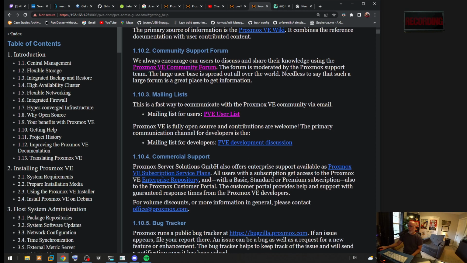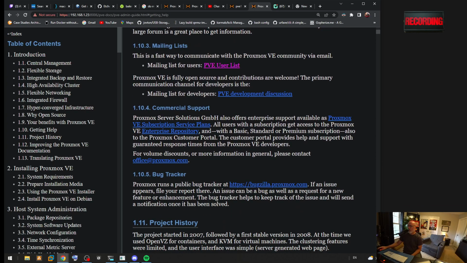Commercial support. Proxmox Server Solutions GmbH. That means they're German, right? Doesn't this mean they're German? GmbH? Also offers enterprise support available as Proxmox VE subscription service plans. All users with a subscription get access to the Proxmox VE Enterprise Repository.